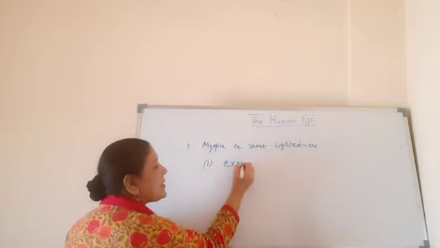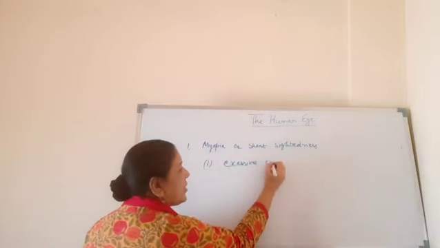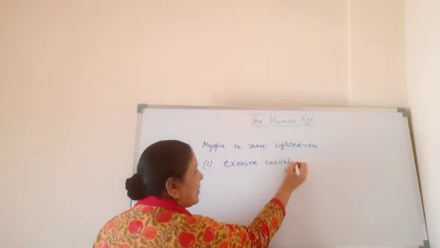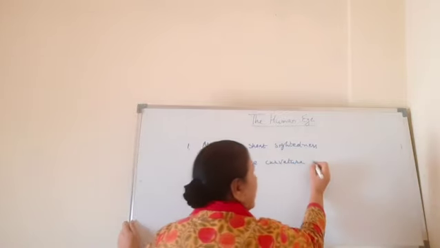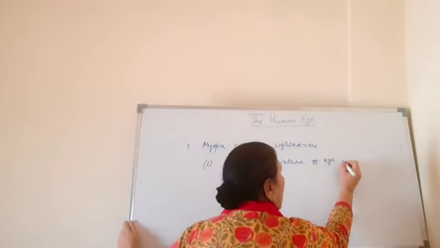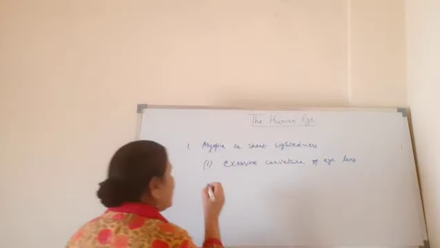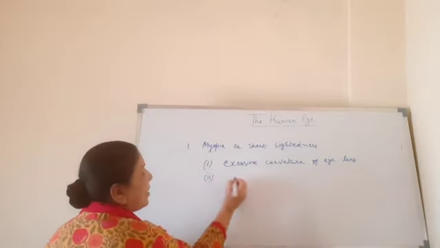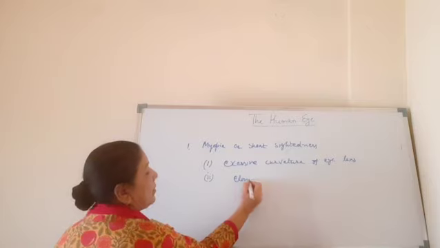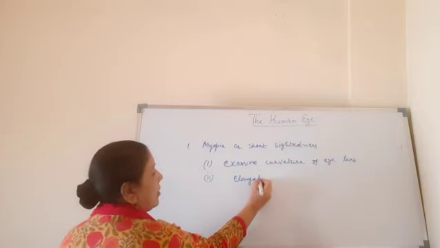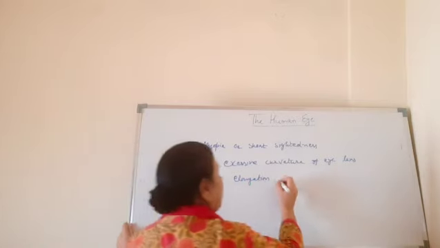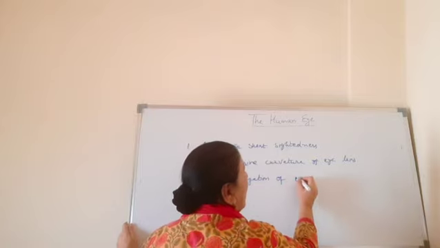One, excessive curvature of the eye lens, or the second cause is elongation of the eyeball.